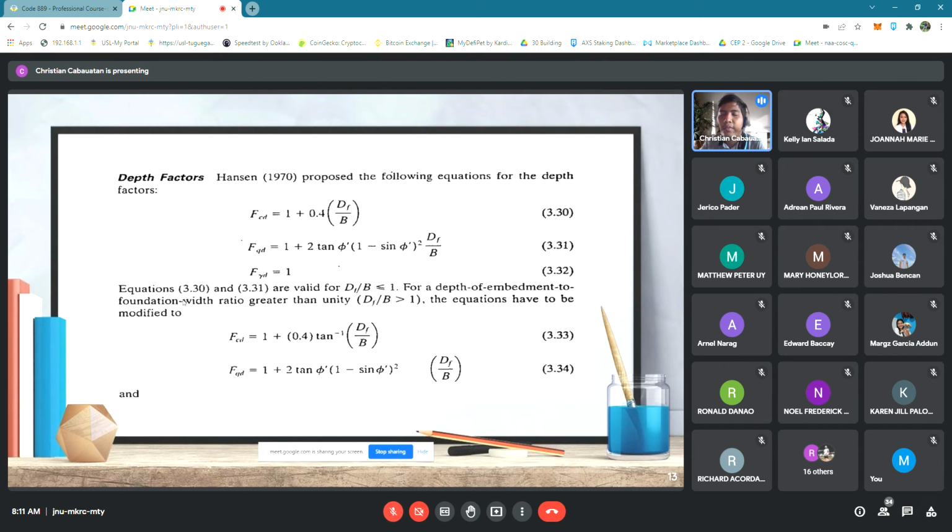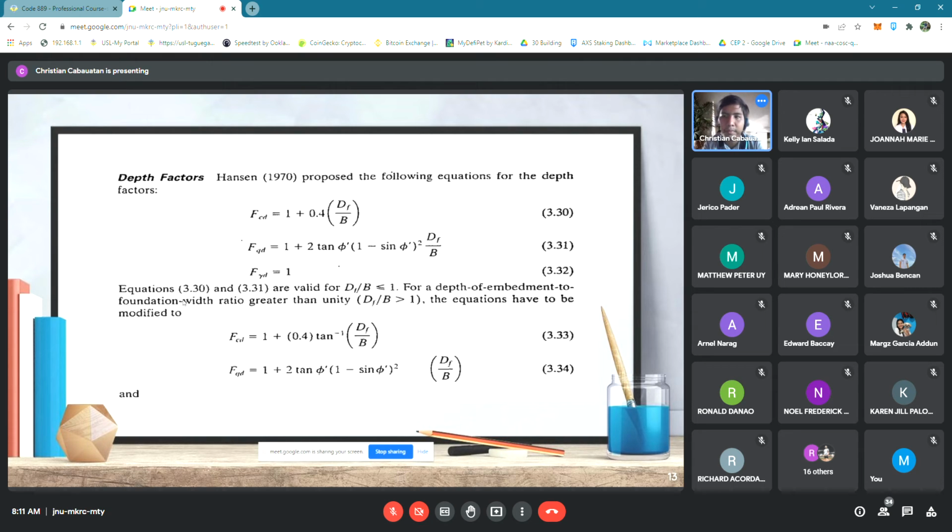For the depth of embankment to foundation width ratio greater than unity, or greater than 1, the equations have to be modified. FCD is equal to 1 plus 0.4 tan inverse of DF over B. I think the tan inverse there is not included, because it is derived from another formula.